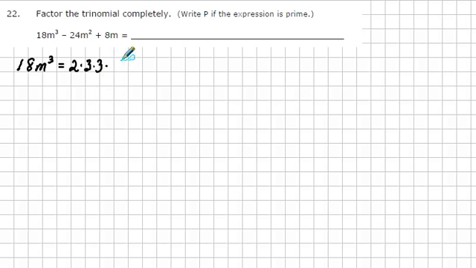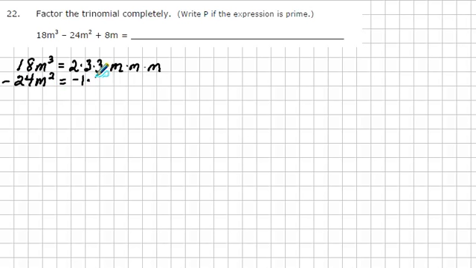And also recall that m cubed means that m is being multiplied 3 times. M times m times m. Next, factor minus 24m squared. The negative coefficient indicates that negative 1 is a factor.